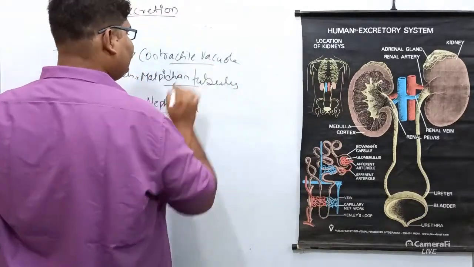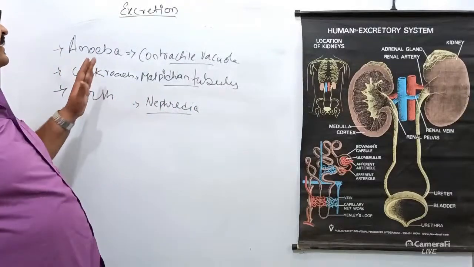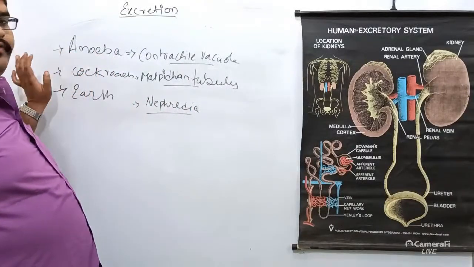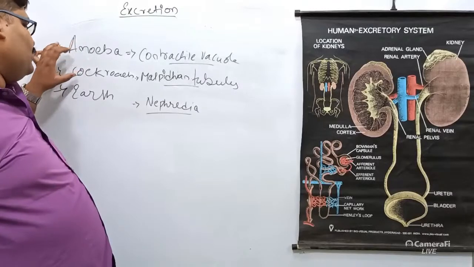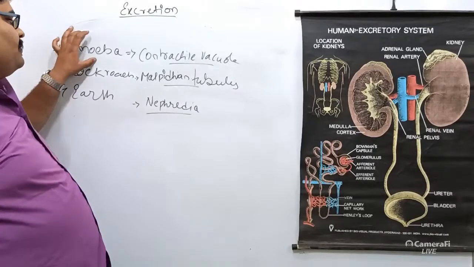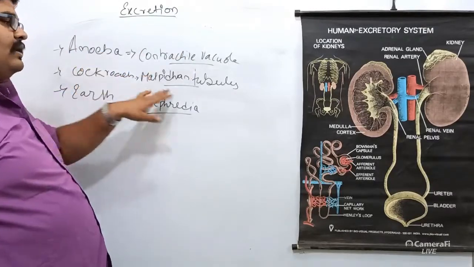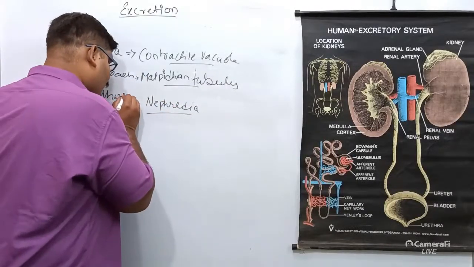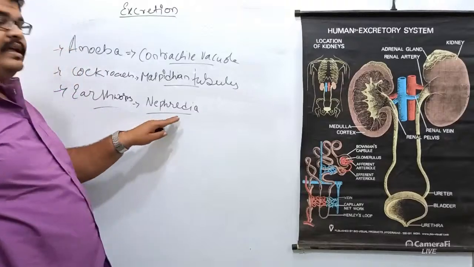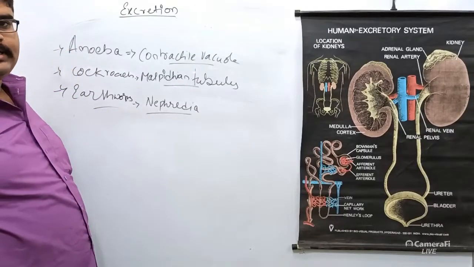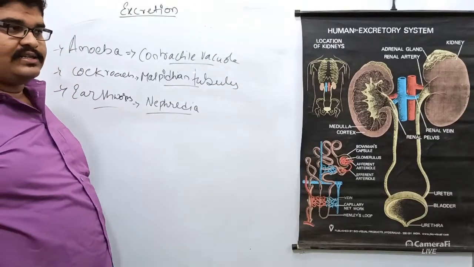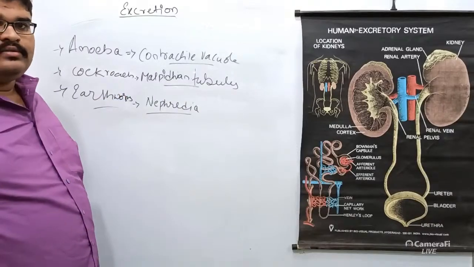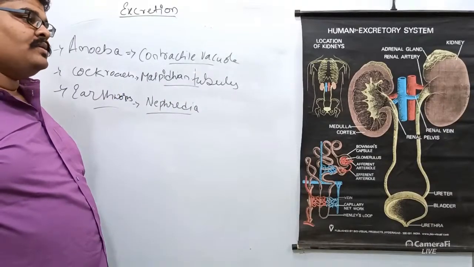So these are the three different excretory structures in different groups of organisms: amoeba by contractile vacuoles, cockroach by malpighian tubules, and earthworm by nephridia.